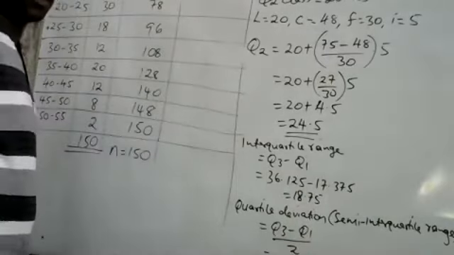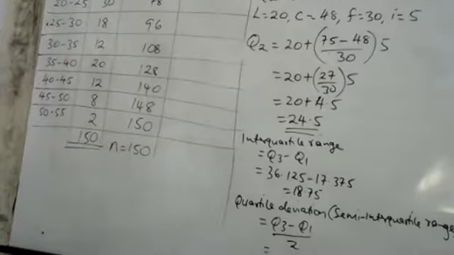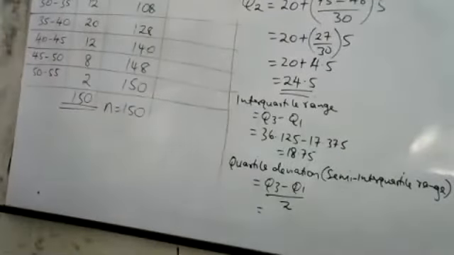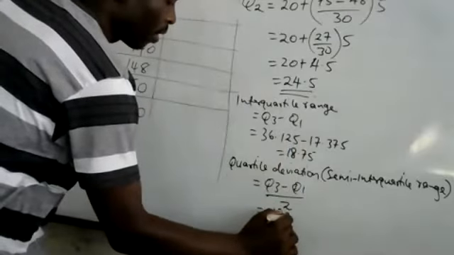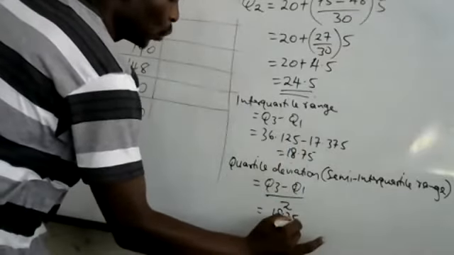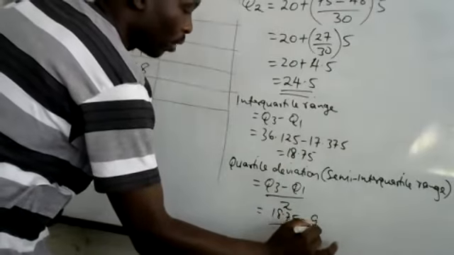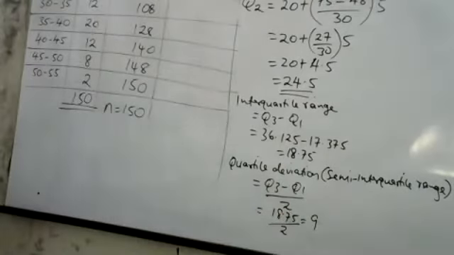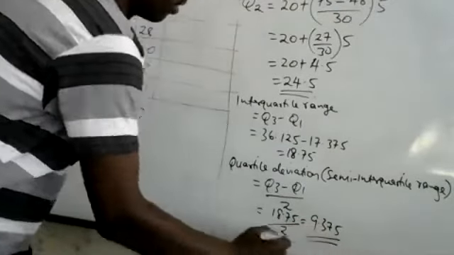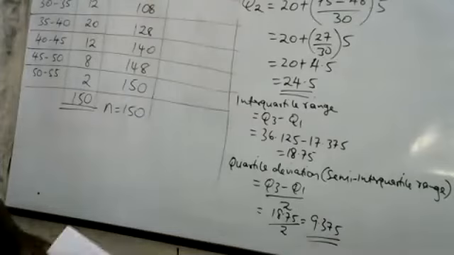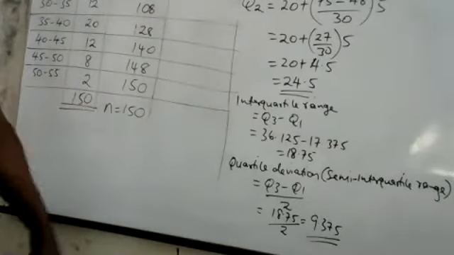In this case, it is like getting the average. Q3 minus Q1 is 18.75, then you divide by 2. This will be equal to 9.375. So that is what you can be asked as far as the quartiles are concerned.